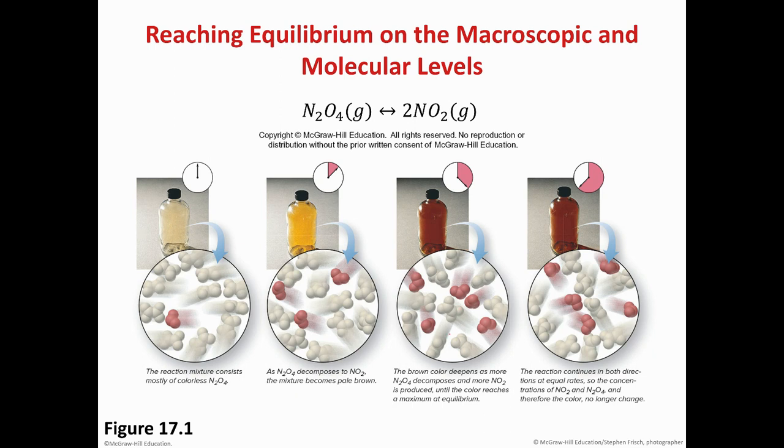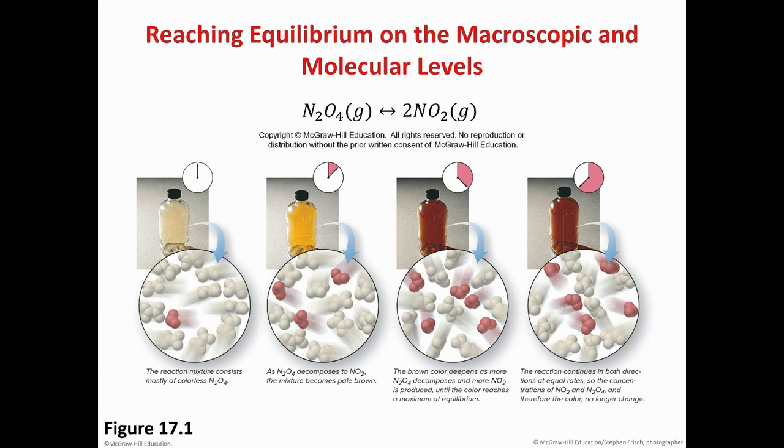Now, if you notice, there's still motion back and forth, but the relative amounts are the same. So I can count them up: 1, 2, 3, 4, 5 NO2, 1, 2, 3, 4, 5 NO2. It's not the same ones. They've reacted going back and forth.